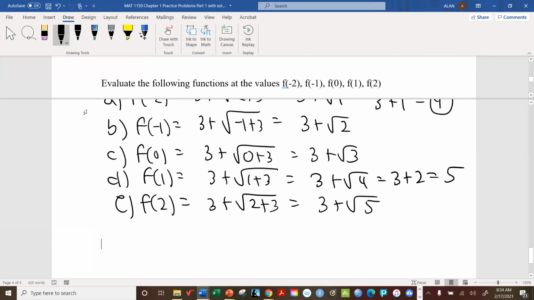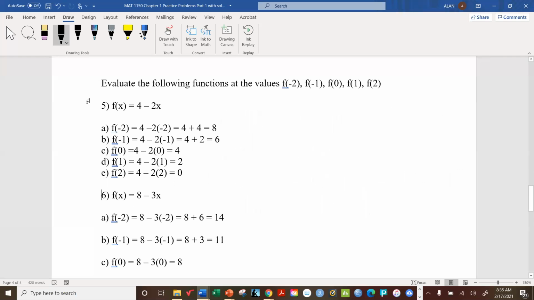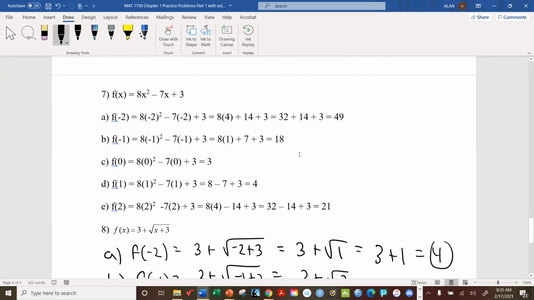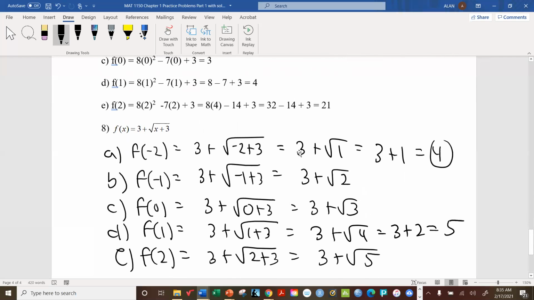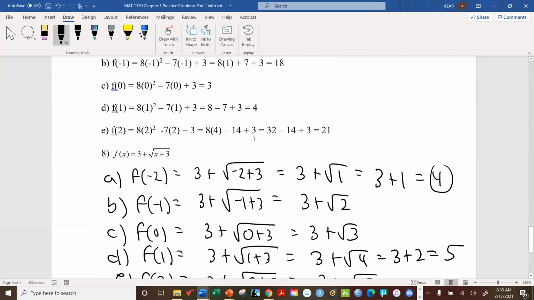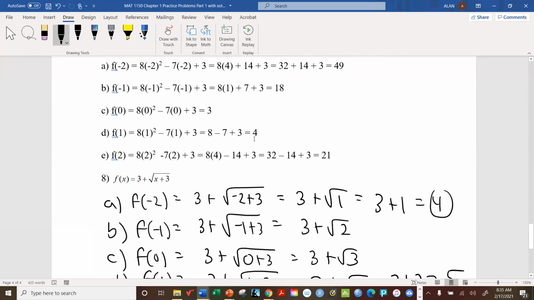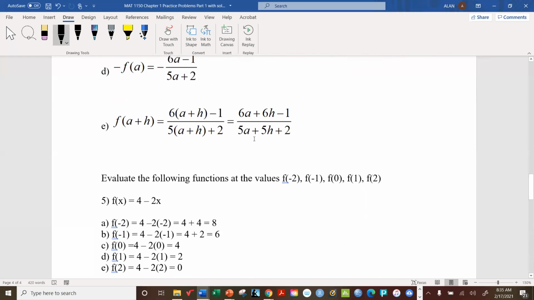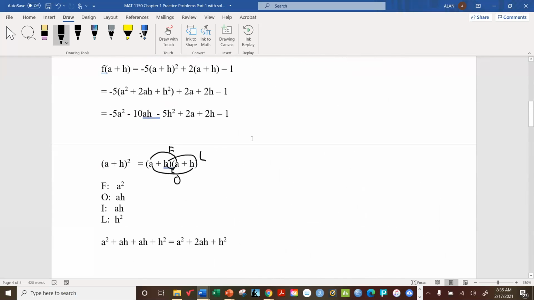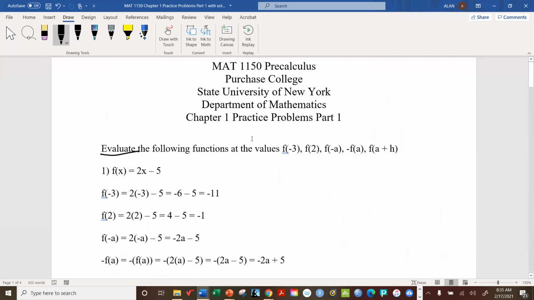All right, well, that was a lot of good practice evaluating functions, I must say. So I hope you got them all right. If not, just remember, if you have a mistake, it's almost certainly an algebraic error. You're literally just substituting whatever value they give you for all the x's in your function, and then calculating the final answer.